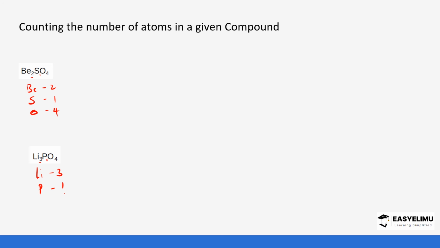Oxygen is 4, as you can see. Copper carbonate, this is copper 1 carbonate. So copper, we have 2 atoms, as you can see. Carbon is 1 because there's a 1 here, we do not write. Oxygen is 3. And finally, the last one, lead, we have 1.